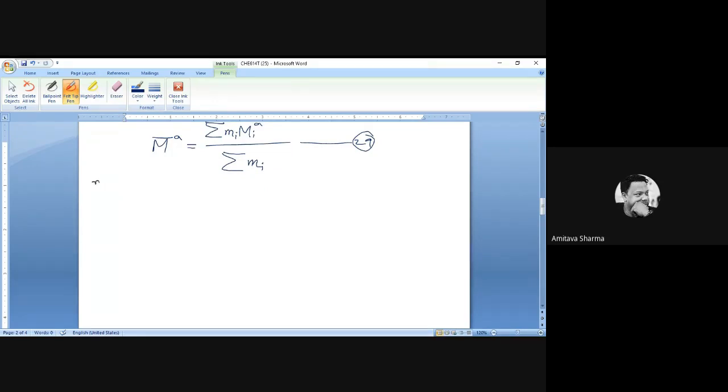mi is the mass of the ith category of polymer having molar mass Mi.